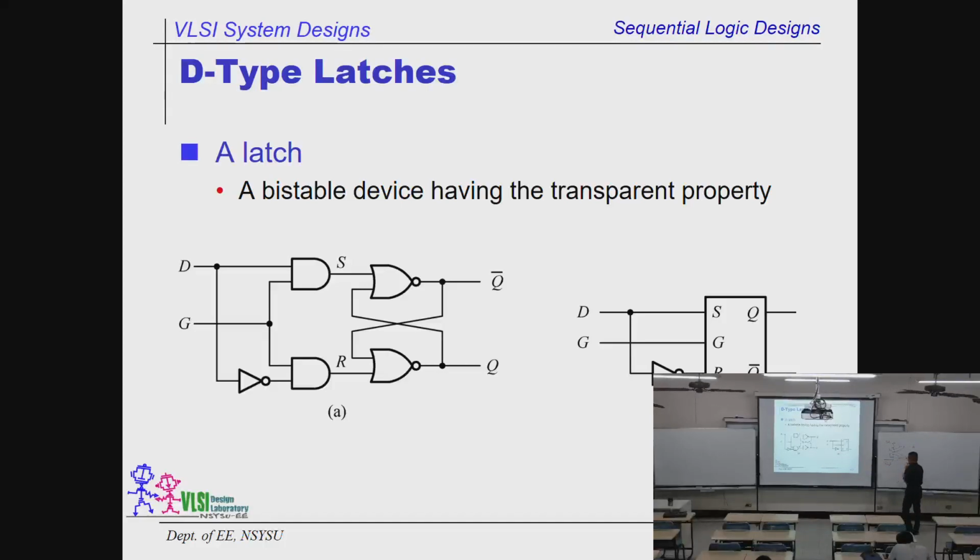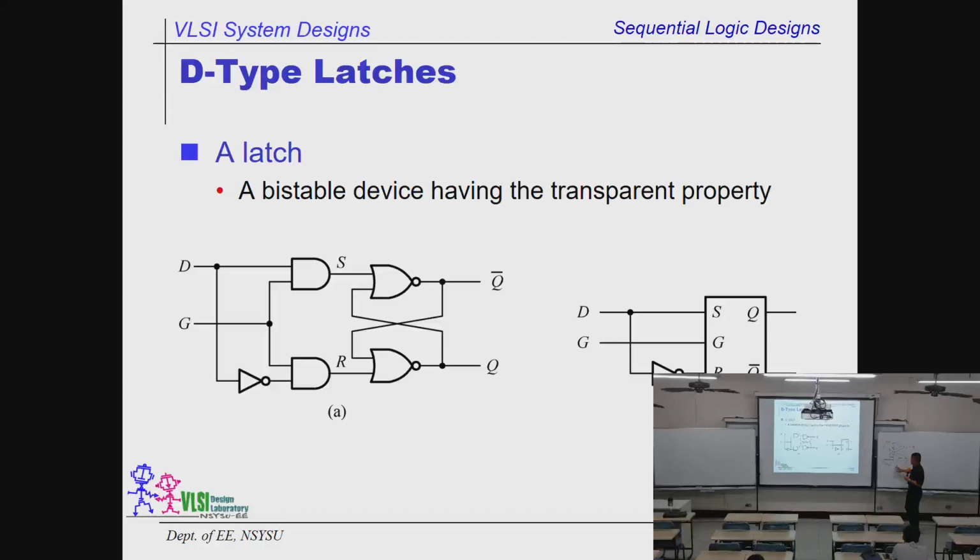Let's assume the initial state of this latch is 1 and 0, when both inputs are 0. So the NOR output becomes 1, the reverse becomes 0. And 0 comes over here, 0 and 0, the NOR output is 0 and the reverse is 1, so it's locked.